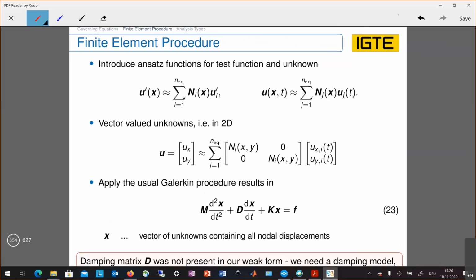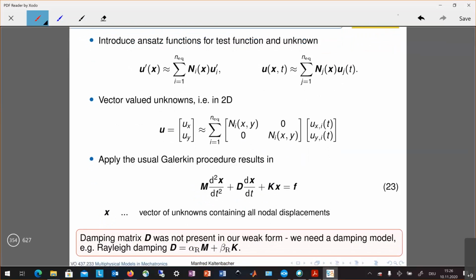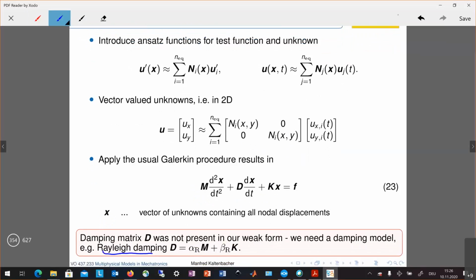And the standard approach here is to use a so-called Rayleigh damping model. In the Rayleigh damping model, this damping matrix D is computed by scaling the mass matrix M by some scalar value alpha r, and the stiffness matrix K by some scalar value beta r, r standing for Rayleigh damping.